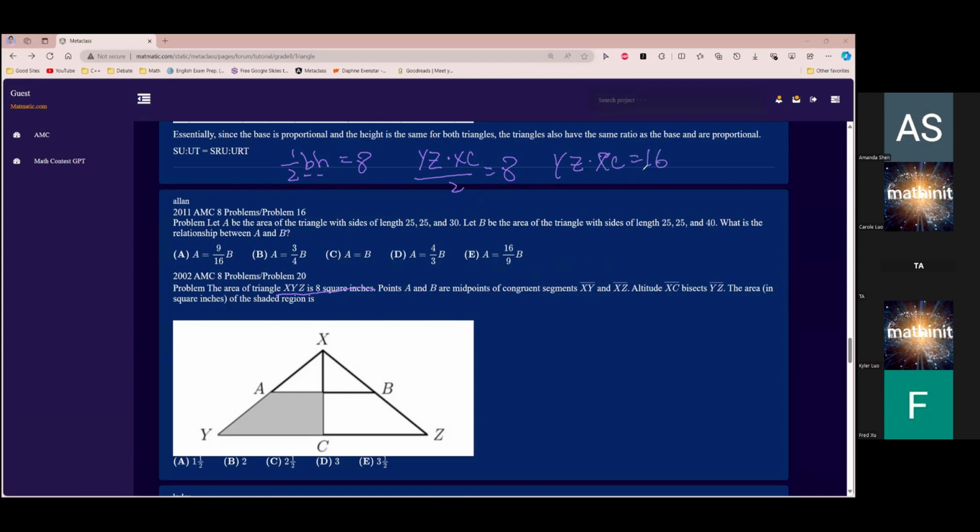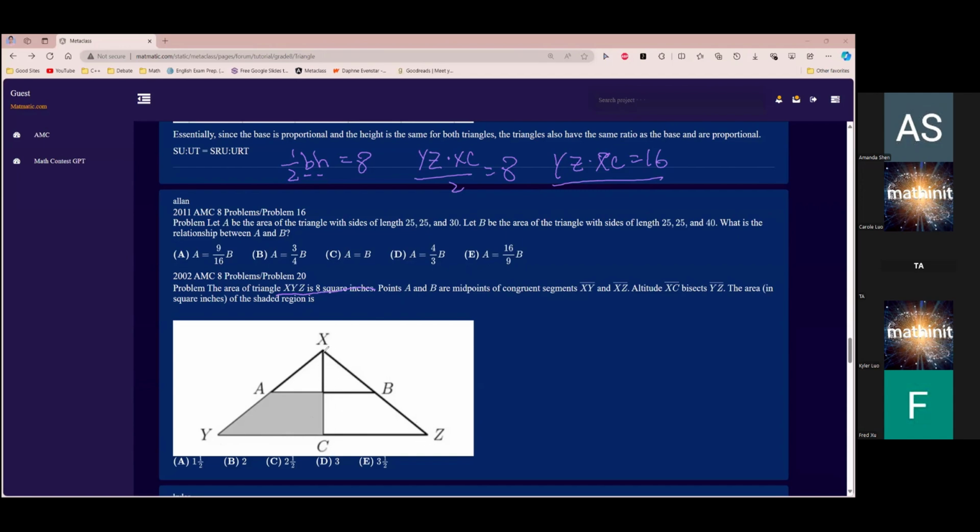So yeah, we'll get to this condition later. But the next thing you know is that since XC bisects YZ, through similar triangles you know that triangle XYC is congruent to XCZ.